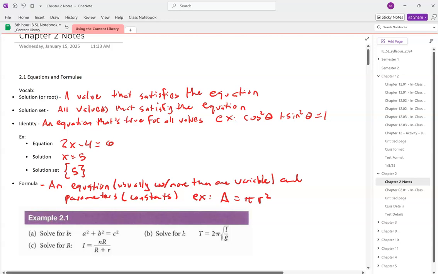So A and r are variables, but pi is a parameter, it's a constant. Or if you guys are in chemistry mode, PV equals nRT. P, V, n, and T are all variables, but R is a constant. That's a gas law formula.